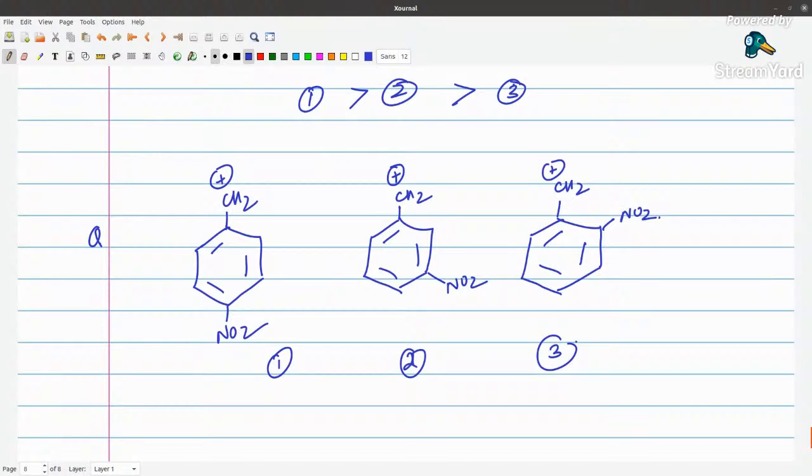Lakshmi, Pradyumna, check. First one is right. No Tanuf. No Saishwaran. Check for the orthopara effect. See, it's an electron withdrawing group.